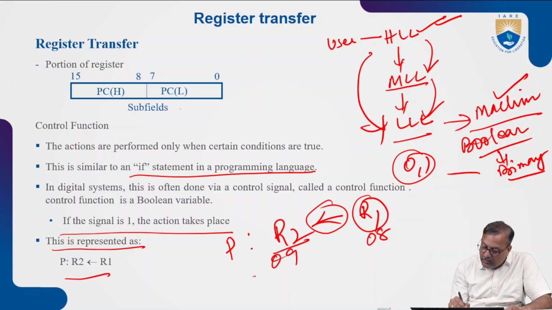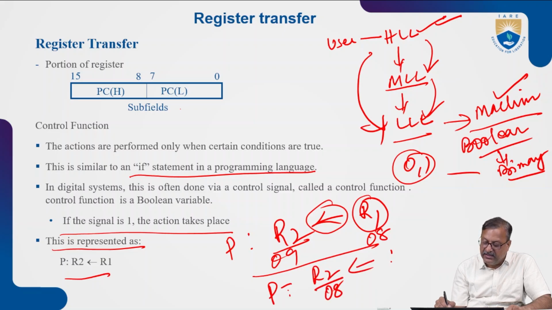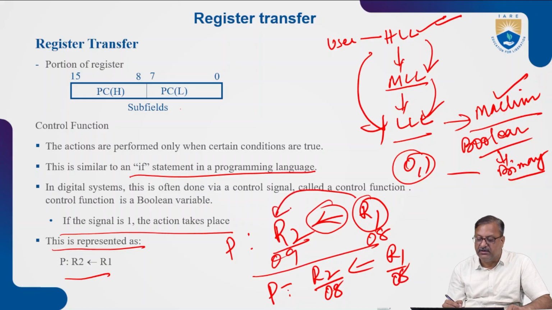Once this operation is over, P indicates that the R2 value is now 0.8 and the R1 value remains 0.8. That means you have moved a value from R1 to R2, replacing the present value in R2 with the new value coming from R1.